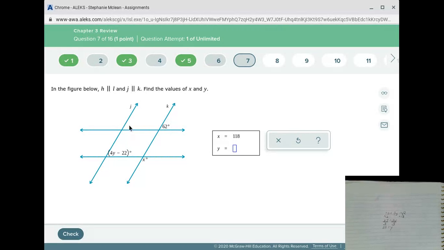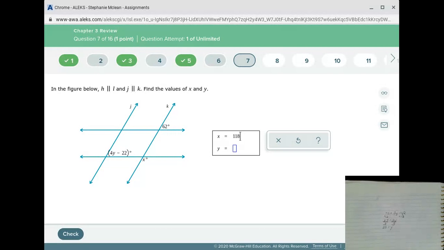Or the other way I can see is 62 would be right here, all right? And then if I move this down, I can see that 4y minus 22 equals 62. Okay. So 4y minus 22 equals 62.